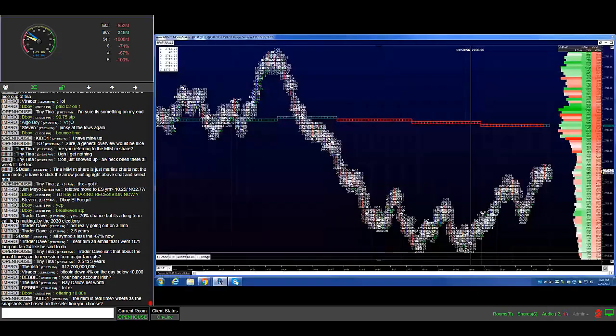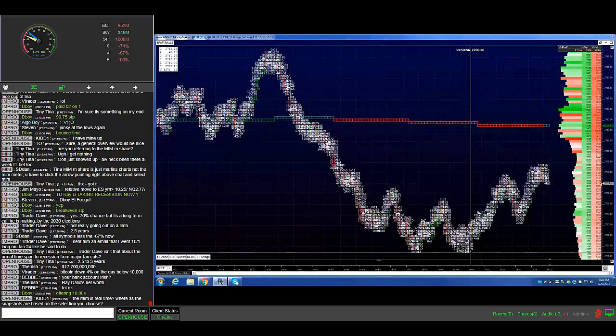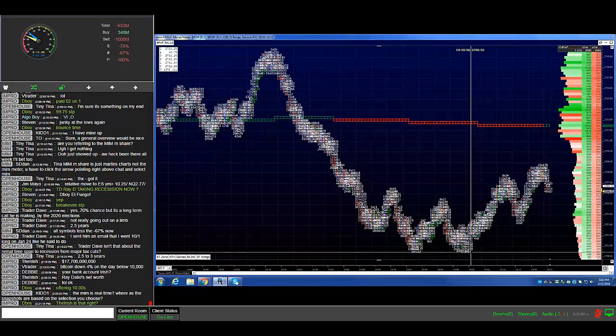The MiM is real time, yes, the MiM is real time, and the snapshots are based on the section you choose. It's just the close of that 5 minutes. So it's just the last minute of that 5 minutes.